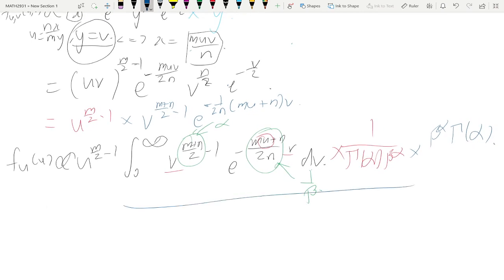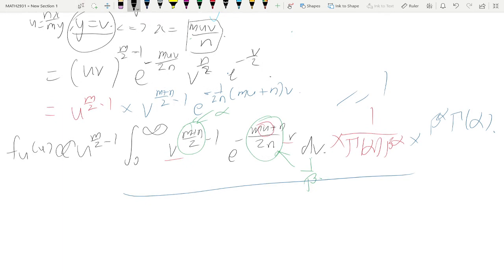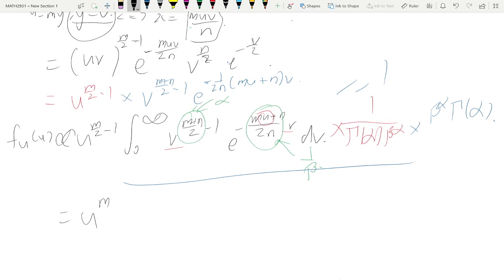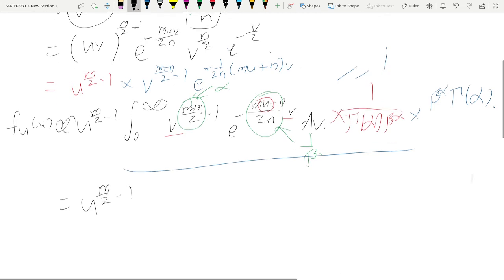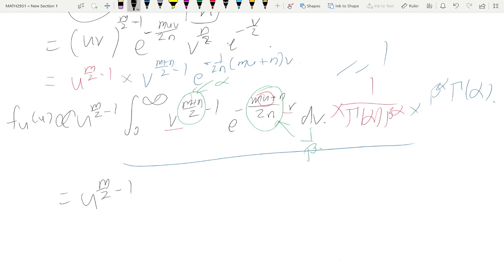So this whole thing over here equals 1. This equals u to the power of m on 2 minus 1, beta here in this case is that, so you have times 2n over mu plus n to the power of alpha, so m plus n over 2, and this is gamma times gamma m plus n over 2.